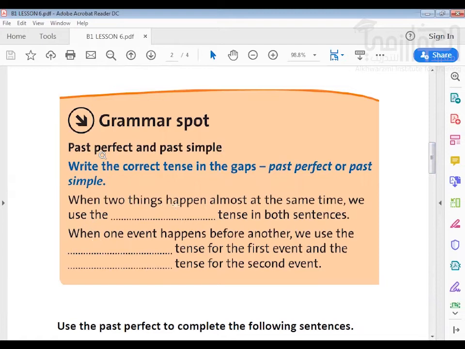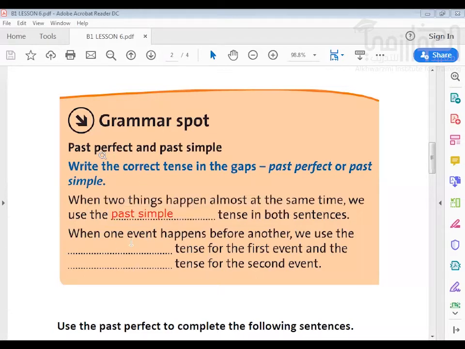Now, when two things happen almost at the same time, we use the same tense in both sentences. So what should it be? Should it be past perfect or past simple? They happen at the same time. So we use what? The past simple. The same time, we use the past simple.